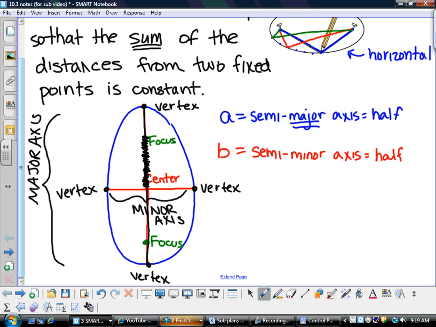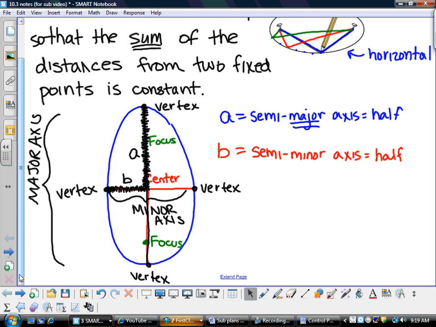So from the center, the long way all the way to the vertex, that's A. From the center, the short way to one of the vertices is B. You'll notice I'm not saying up or down or left or right because it depends on which way the ellipse is facing. If it's a vertical ellipse like this one, A is up or down. The long way is up or down. If it's a horizontal ellipse, A would be left and right because the long way is left and right.